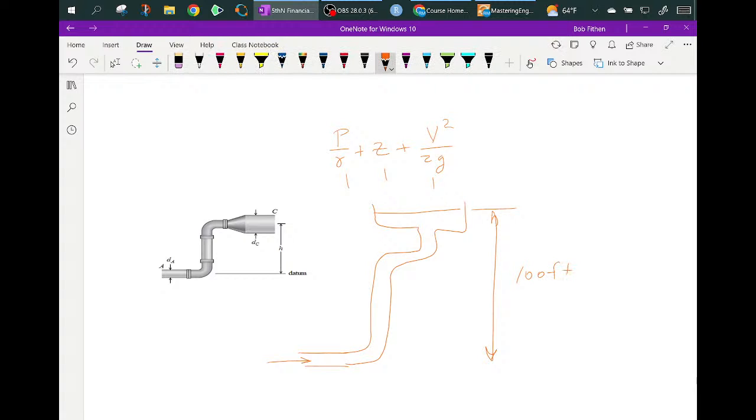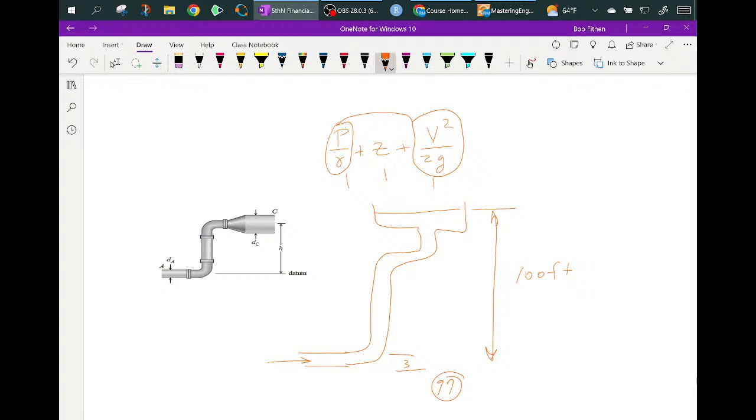But back here, maybe you're at 3 feet high. So where's the other 97 feet? The other 97 feet have to exist at this point and at this point, because you're at 3 feet back here.